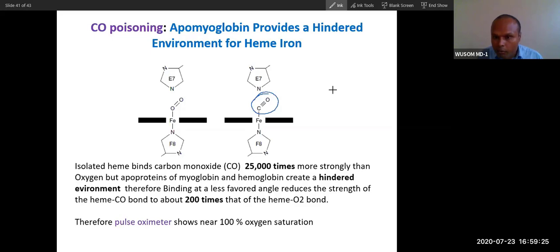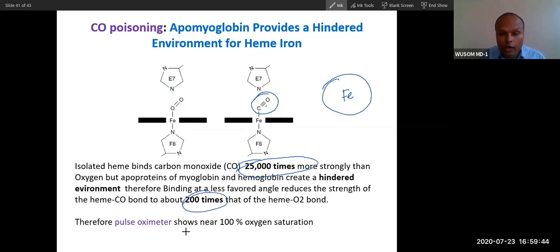If you place the heme outside of the protein, this heme has 25,000 times more capacity to bind carbon monoxide than oxygen. But in protein, it has more than 200 times the capacity to bind. It will bind with an affinity of more than 250 times in comparison to oxygen.